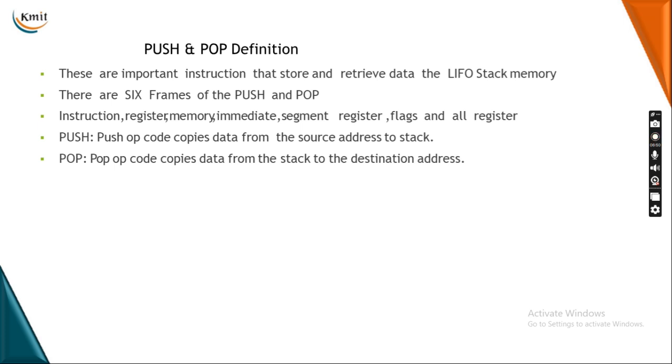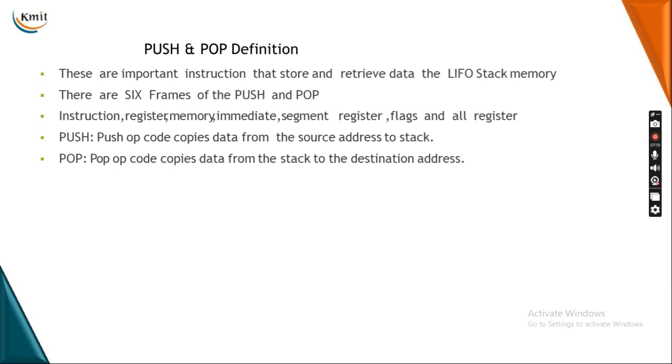So there are 6 forms of push and pop: push a register, push a memory location, push immediate data, push a segment register, push flags and push all registers. These are the 6 forms we can use with the two stack operations, push and pop.